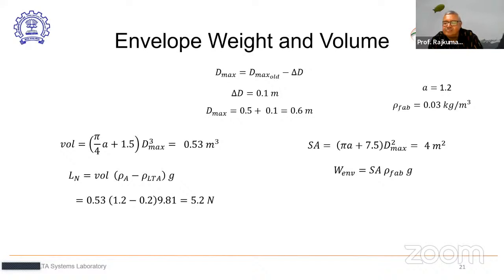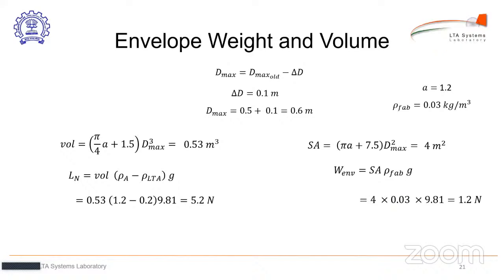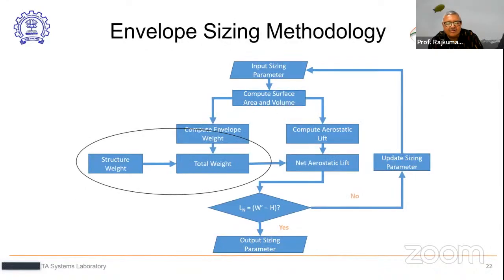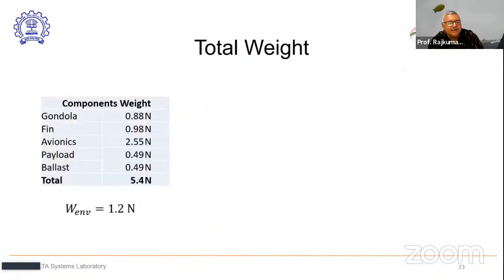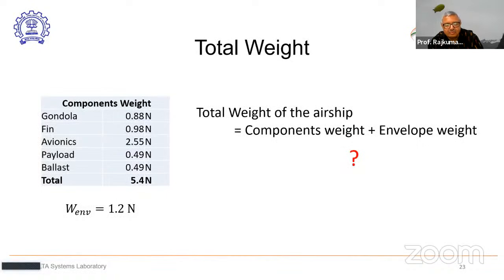How much in newtons? 1.2 newtons. Going back to our old calculations, the total components are 5.4 except the envelope, and the envelope is 1.2. So the total weight of the airship now is 5.4 plus 1.2, that is 6.6 newtons.